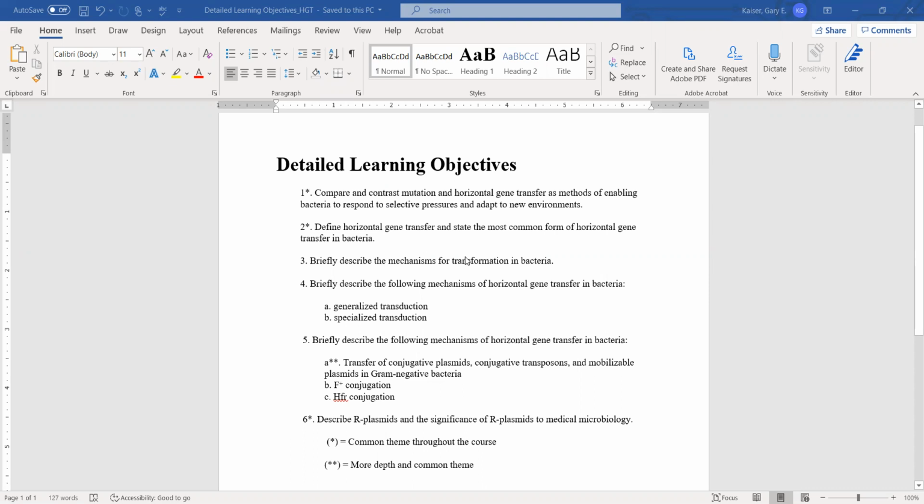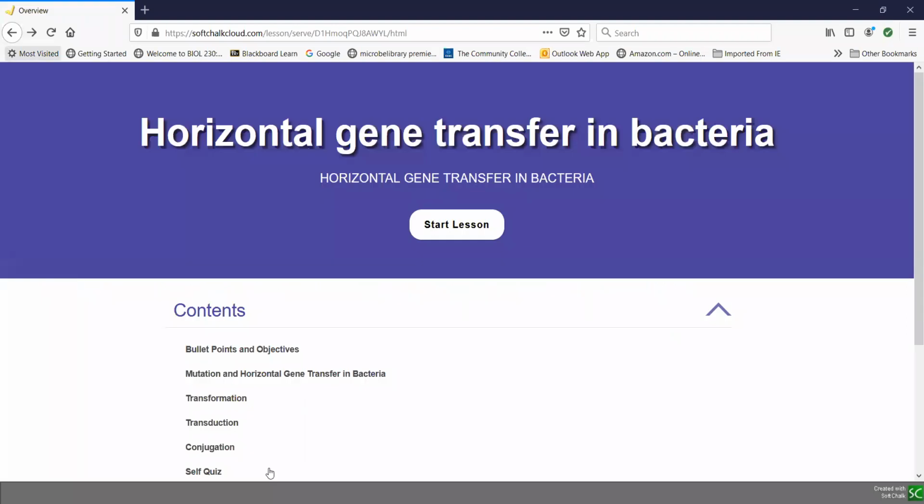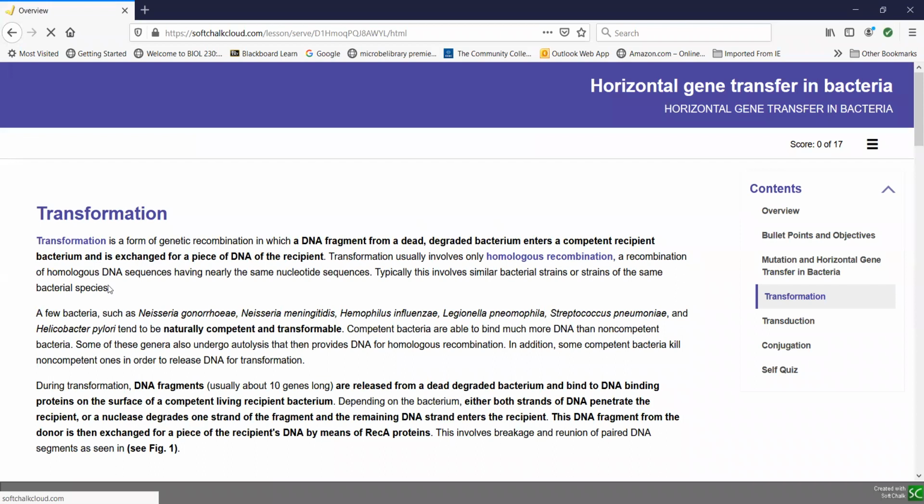So to answer that one, if we go to our Softchalk lesson, let's bring that up again. Let's go back to our table of contents. So here we see the next topic in our Softchalk lesson is transformation, objective 3. And there we have our description of transformation.